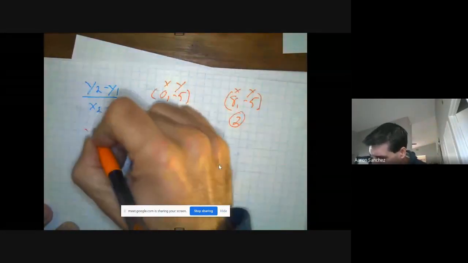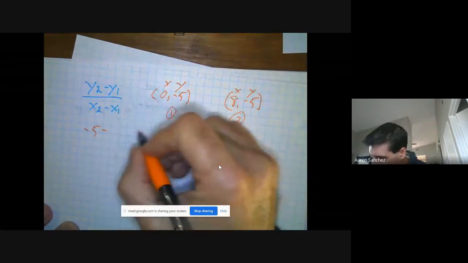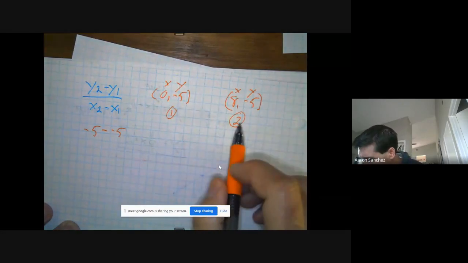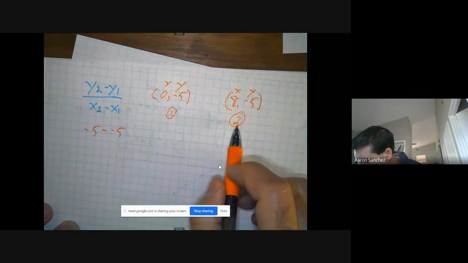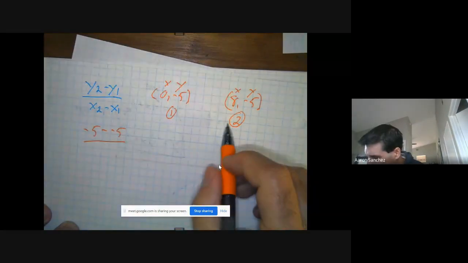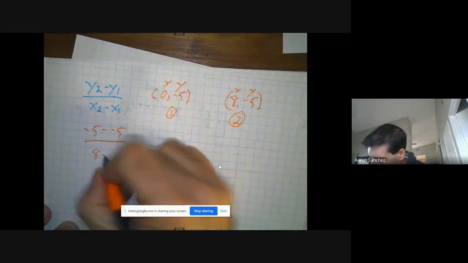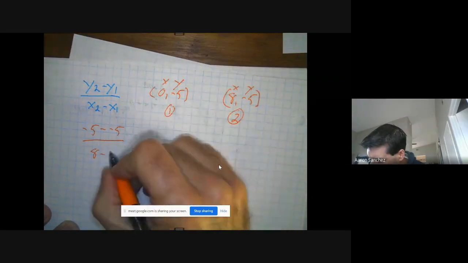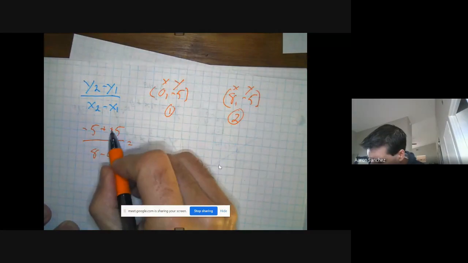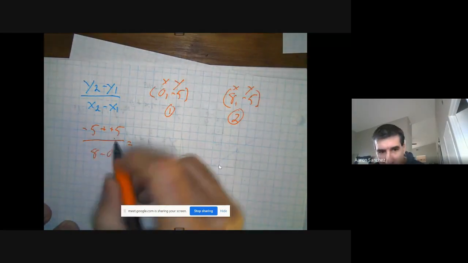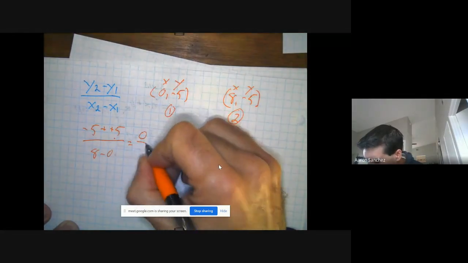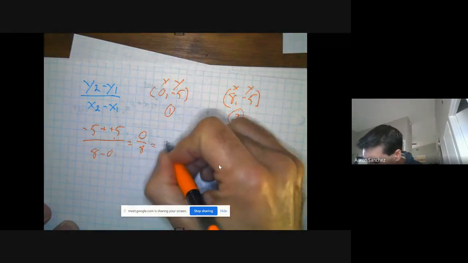So y2 is -5 minus -5, all over x2, 8, minus x1, 0. Make sure you add the opposite. -5 plus 5, they're both opposite, so you subtract, so it becomes 0 over 8, which equals 0.